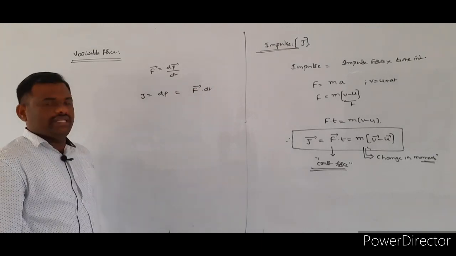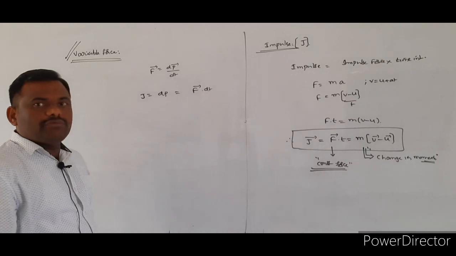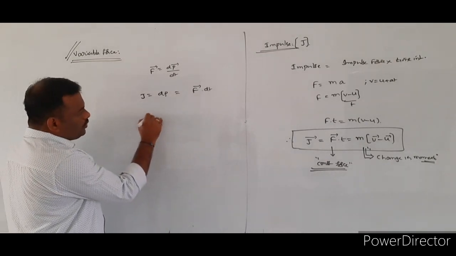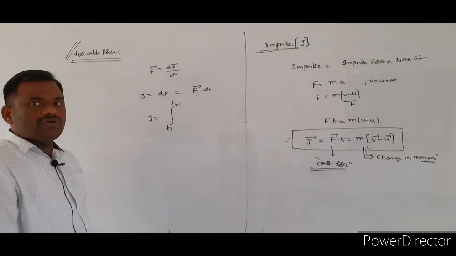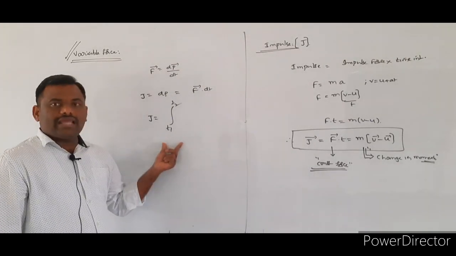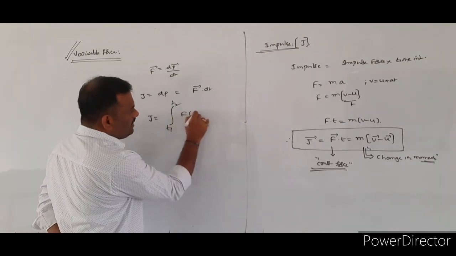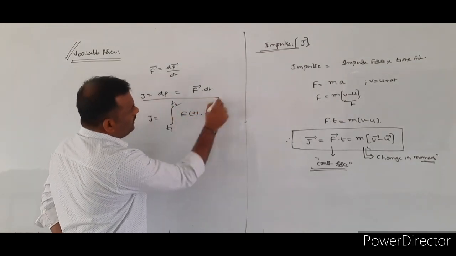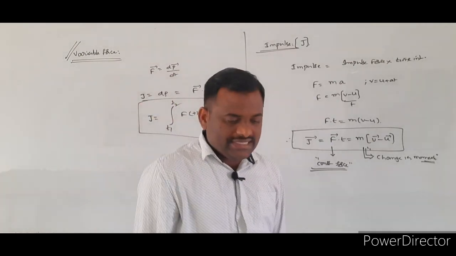Since the force is a variable force, to get the total impulse we must consider integration and specify the limits of the time interval, so that it is the integral from t1 to t2 of F of t dt, where F of t is representing what?